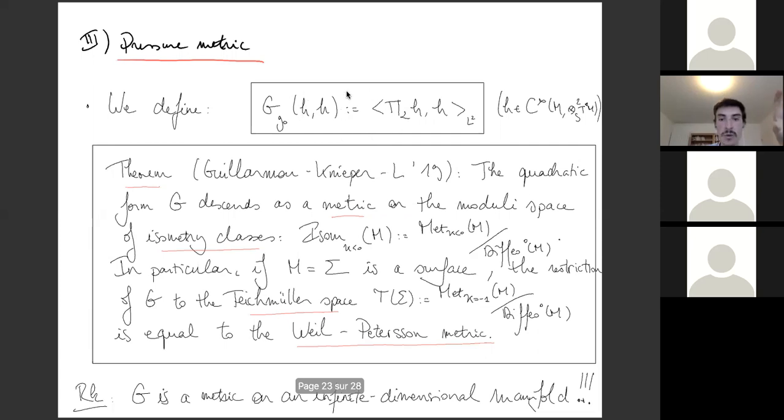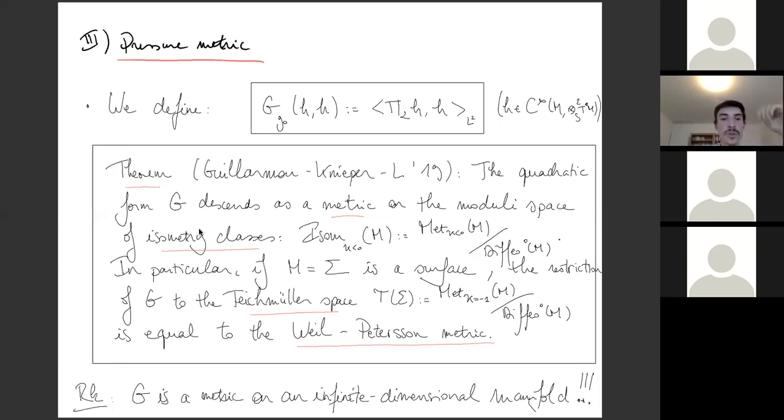But of course, it's getting a bit complicated because if you take all the metrics which can have negative curvature on your manifold, then it becomes a space of infinite dimension. So it's a Riemannian metric, but on an infinite dimensional space.